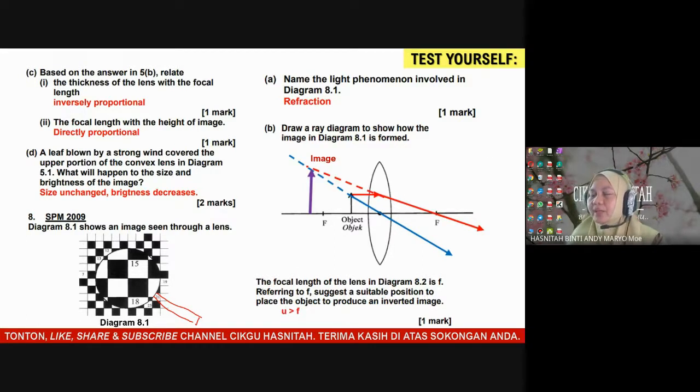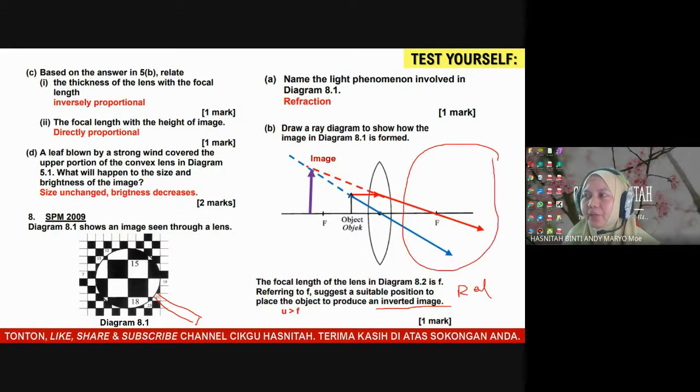The next question: the focal length of the lens in diagram 8.2 is F. Referring to F, suggest a suitable position to place the object to produce an inverted image. You have to remember this. For a convex lens, which position produces an inverted image? Inverted must be real, meaning formed at this side.